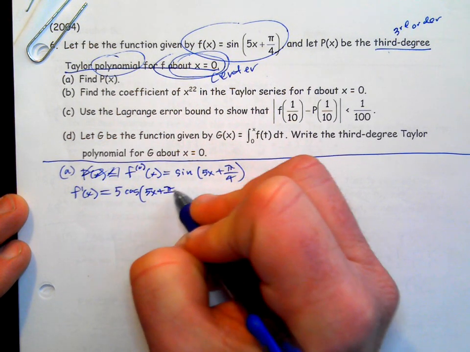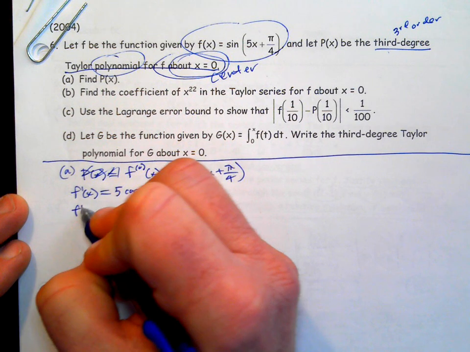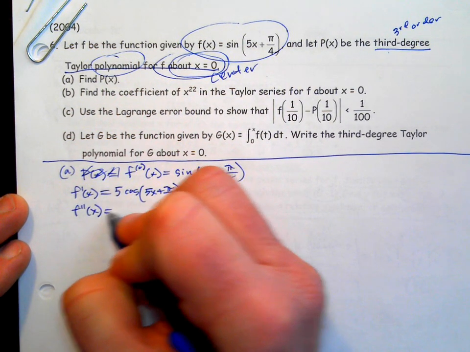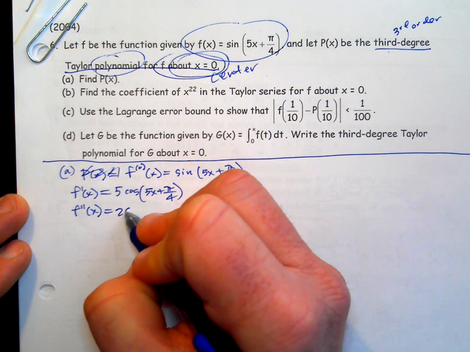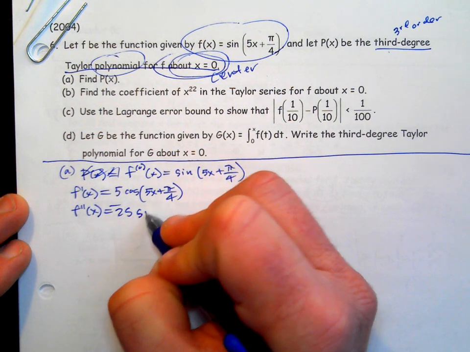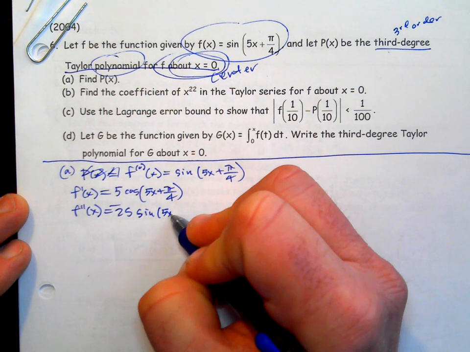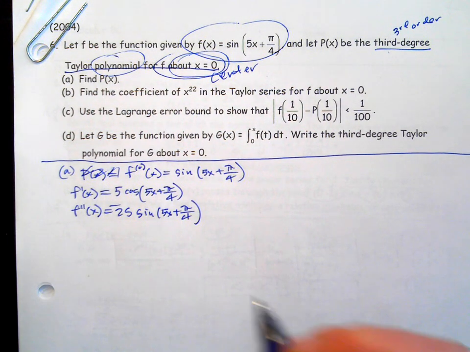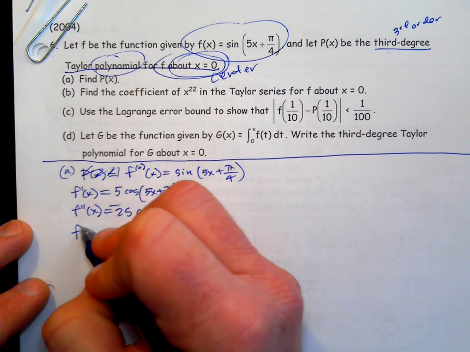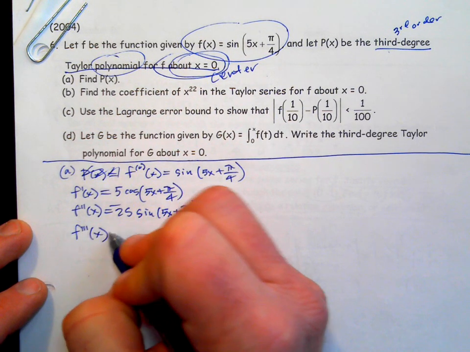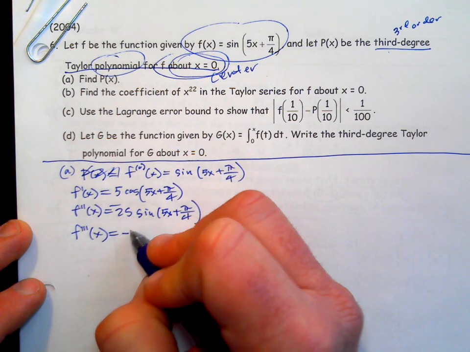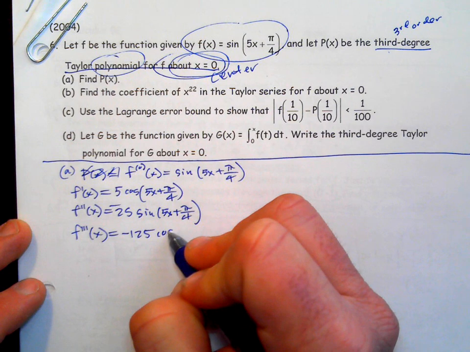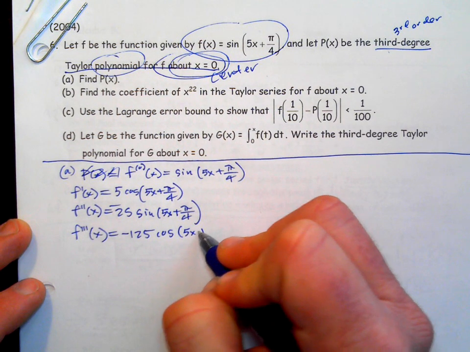Make sure you do chain rule, and then f double prime is going to equal negative 25 sine 5x plus pi over 4. And I'm not worried about finding a certain number of non-zero terms. I'm just trying to get to the 3rd derivative. So this is going to be negative 125 cosine of 5x plus pi over 4.